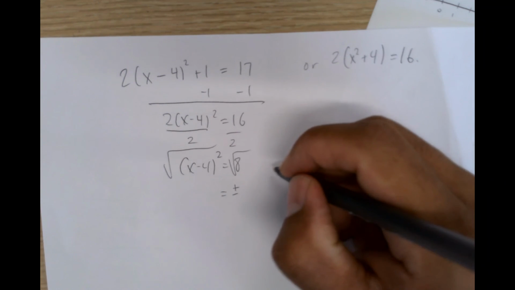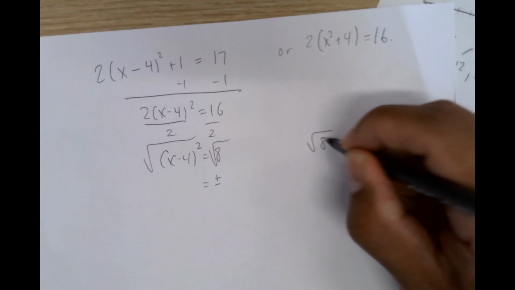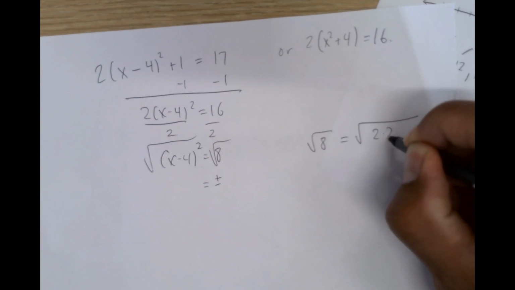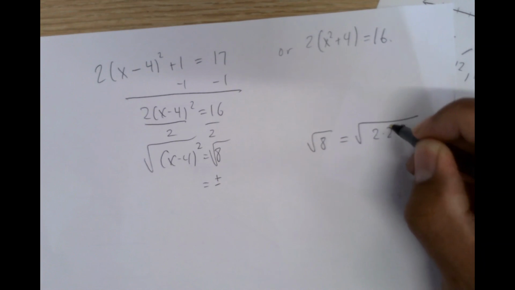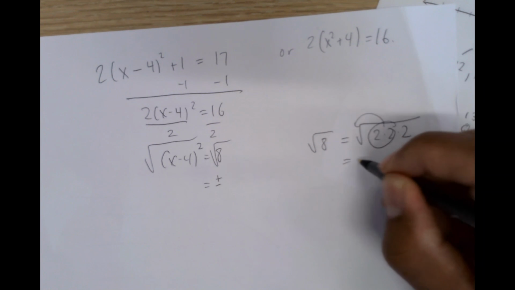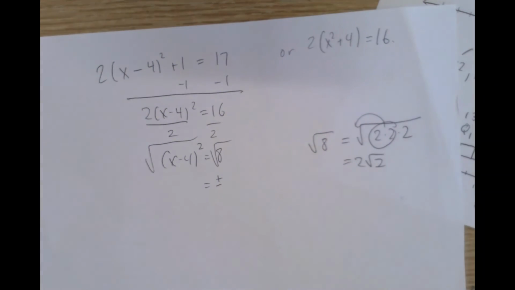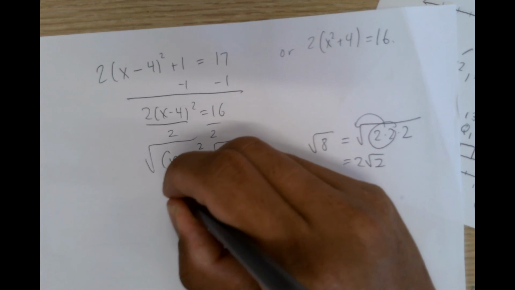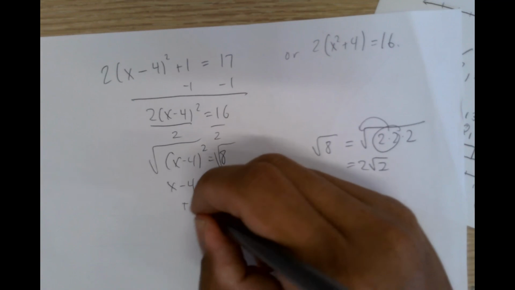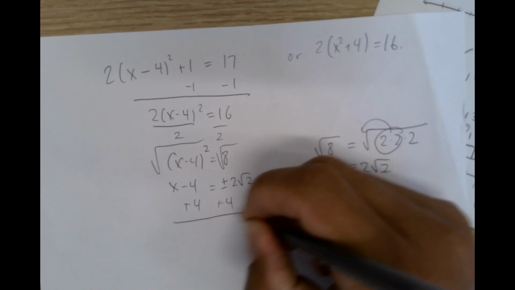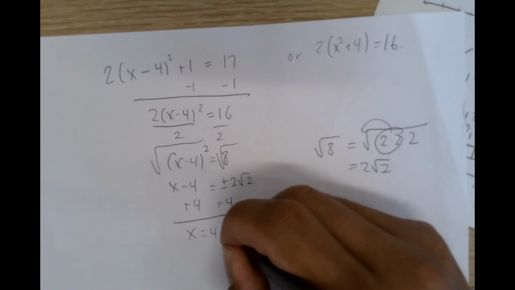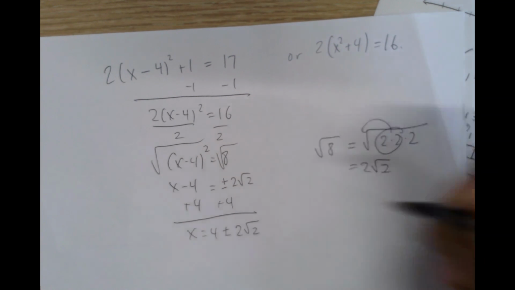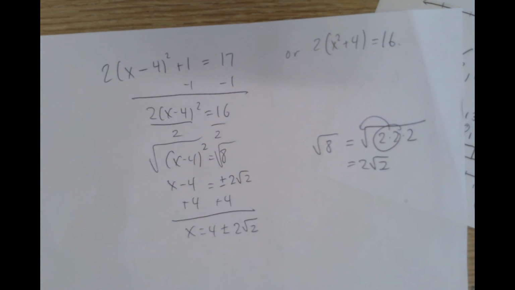So here, remember that the square root of 8 can be turned into 2 times 2 times 2. So since there are two 2's in the square root, then I can change it to 2 root 2. So this is 2 root 2. x minus 4, I would add 4 to both sides. So my answer is x is equal to 4 plus or minus 2 root 2. And that is my answer.